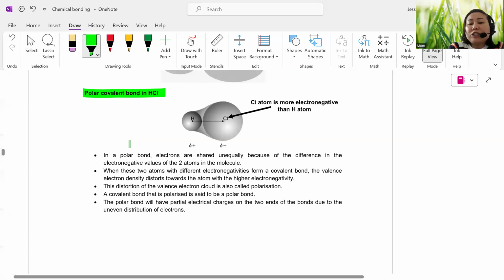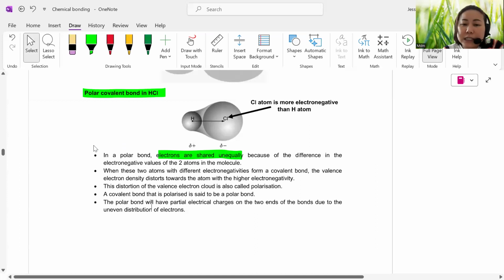The electrons are shared unequally because of differences in electronegativity values, and therefore there's a distortion of the electron density. This distortion of the electron density is called polarization, and we say that this covalent bond is polar.